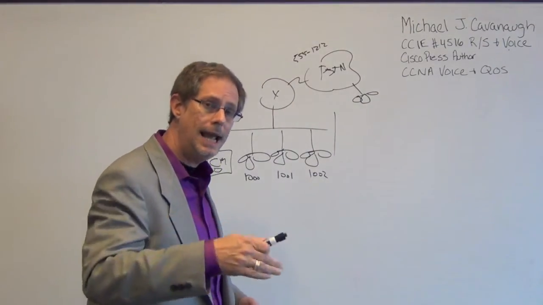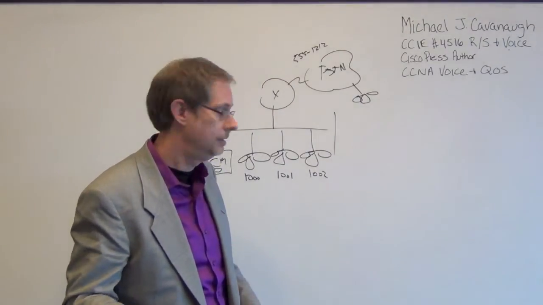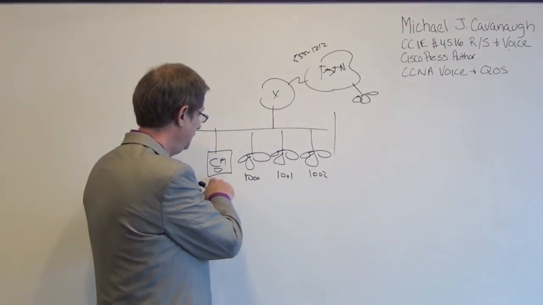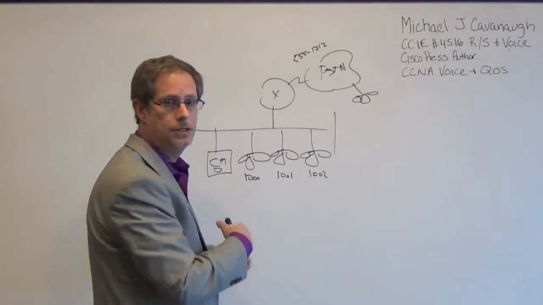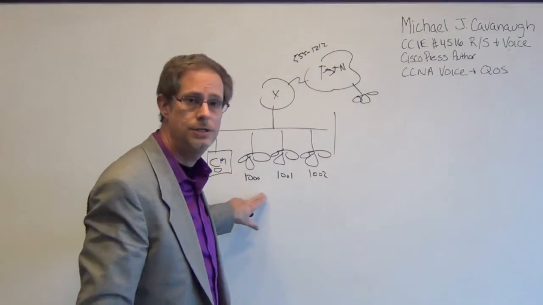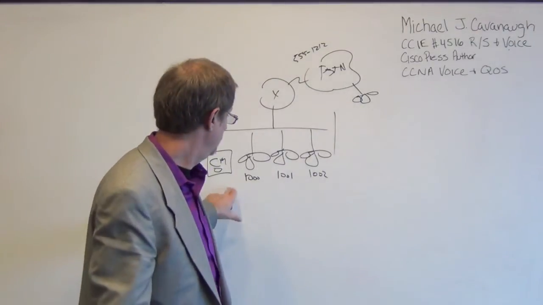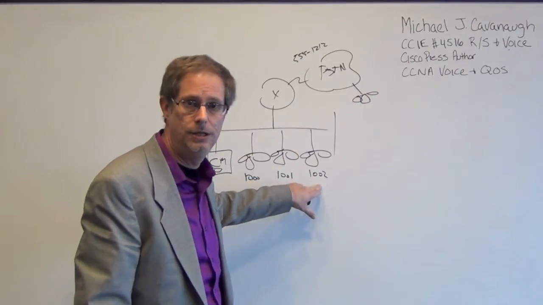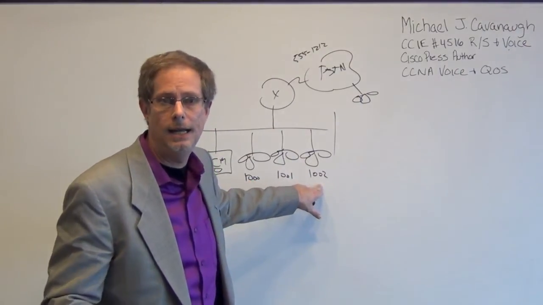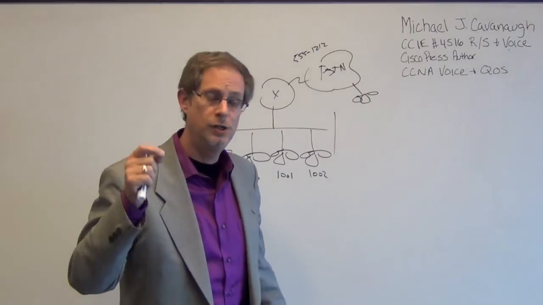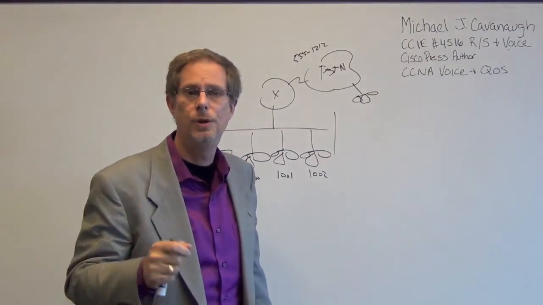Okay? So let's add native call queuing now into this. In that world, I'm queuing here. So now I'm waiting for one of these agents to become available. When they do become available, I'm now presented a call to that agent. So with that, I don't have that customer perception of there's no one there to help me.